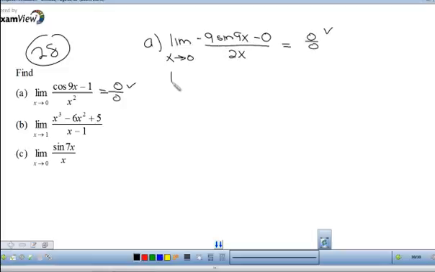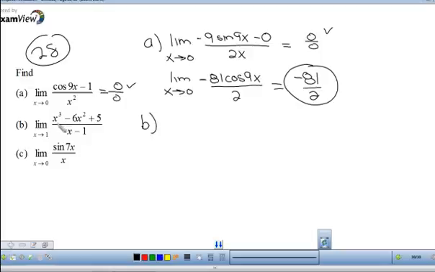So I can use L'Hopital's rule again. The derivative of sine would give 9 times 9, which is 81, cosine of 9x over 2. And cosine of 0 is 1, so I have negative 81 over 2.